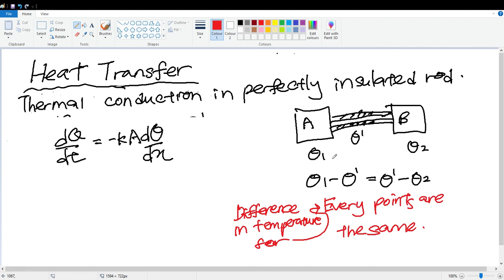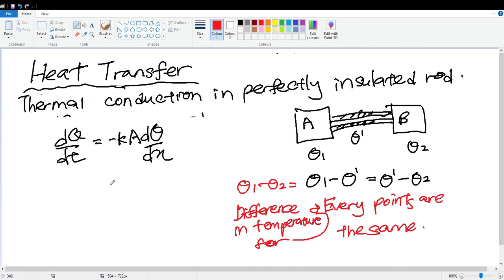So I can conclude that theta 1 minus theta prime is equal to theta 1 minus theta 2. Since the difference in temperature for every point is the same, theta 1 minus theta 2 is also equal to theta 1 minus theta prime, which is also equal to theta prime minus theta 2.